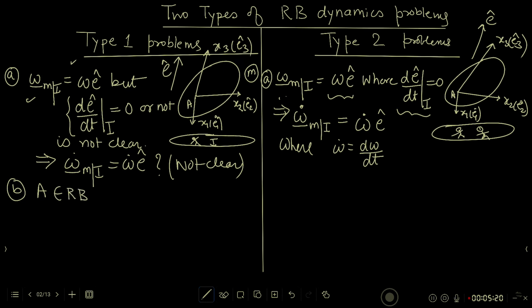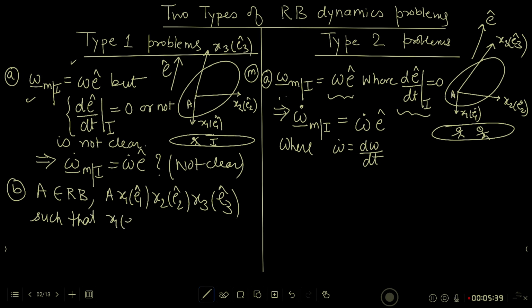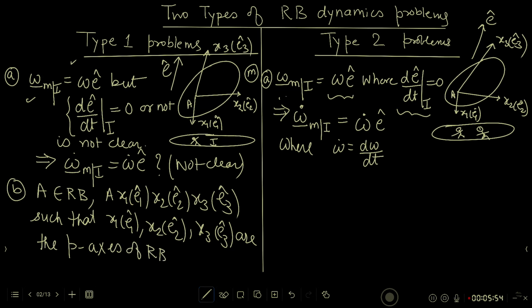And you will have a coordinate system, the working coordinate system will be this, such that these three axes are the principal axes of RB at point A.